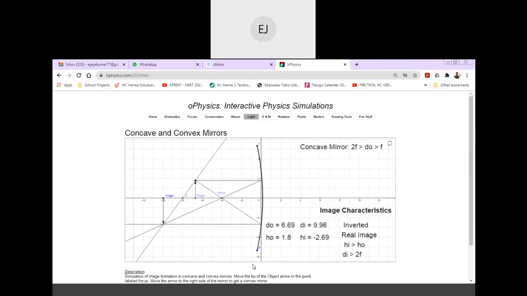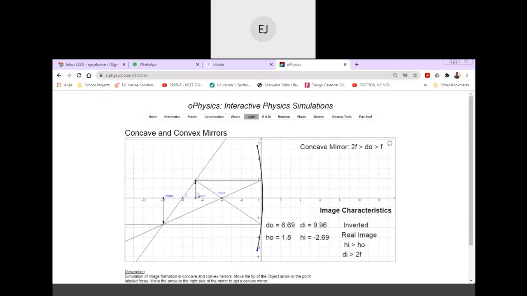So first of all, just as we learned some terms related to reflection in the case of plane mirrors, in the same way, for curved mirrors also, let us try to understand some terms. Then we shall go for some practicals, some simulations.